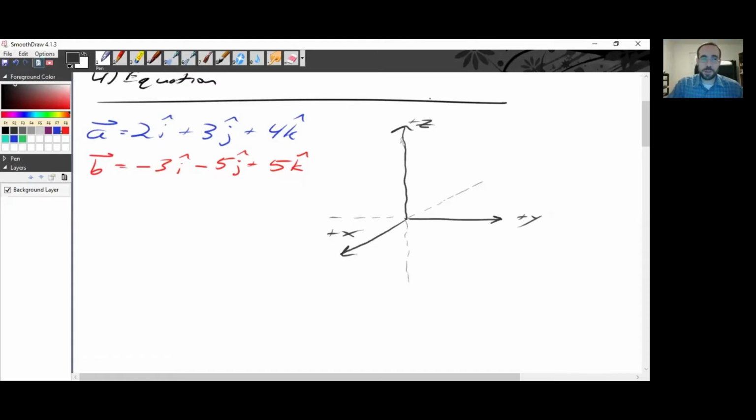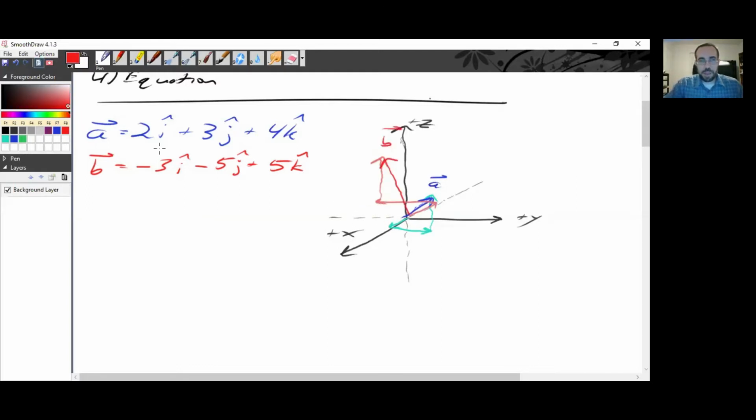So what I'm going to do is draw out what this would look like if we just look at A first. So 2 units in the x, followed by 3 units in the y, so a little bit bigger there, and then 4 units in the z direction, and that gives me something that looks sort of like this as my resultant vector of those 3 components.